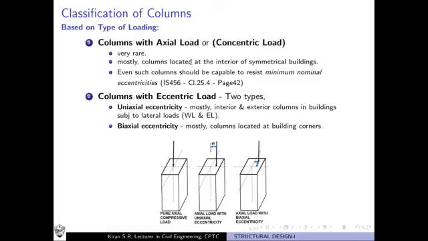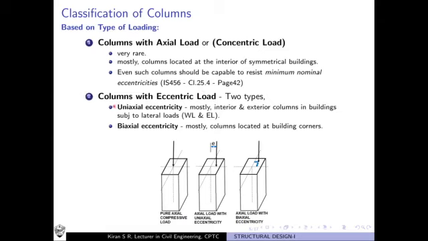Just bear in mind, axially loaded columns are those in which the load passes exactly through the centroid of the cross section, but yet we must design not just for axial load; we must consider that the column is capable of resisting even smaller moments caused due to minimum nominal eccentricities. That should be taken care of, and this is one type of column.